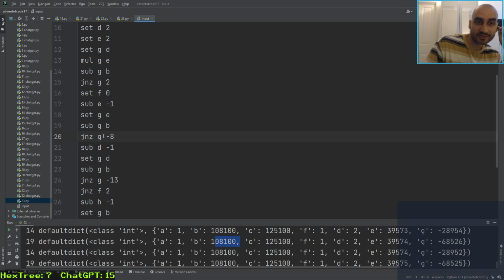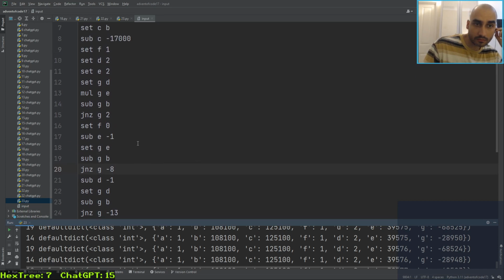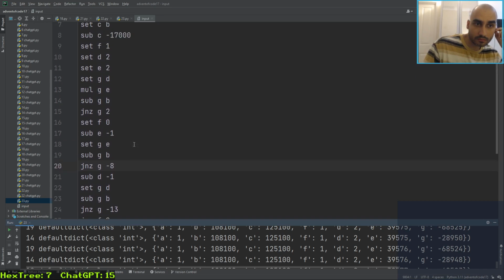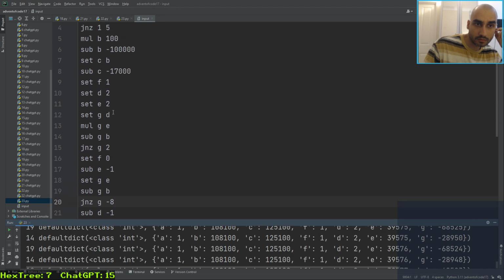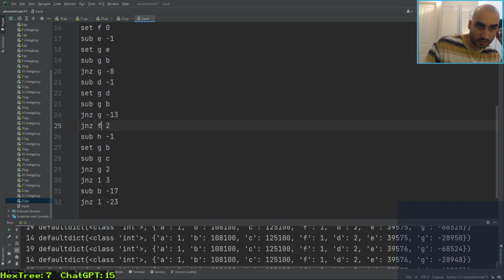I hate these problems. There's gotta be an easier way to do this. What's actually going on with these numbers? So b is not changing. Yeah, we need f to be 0.